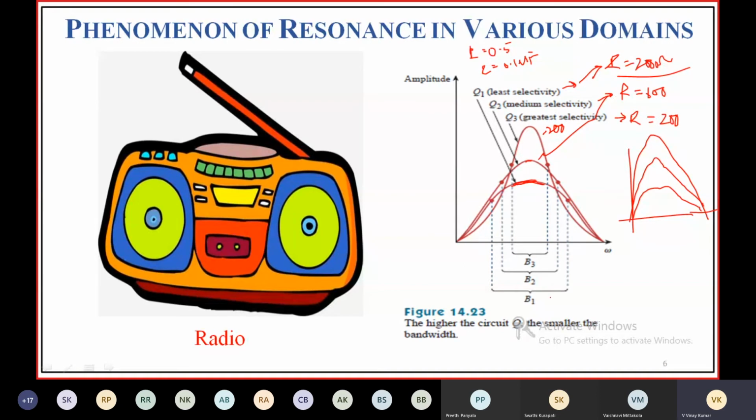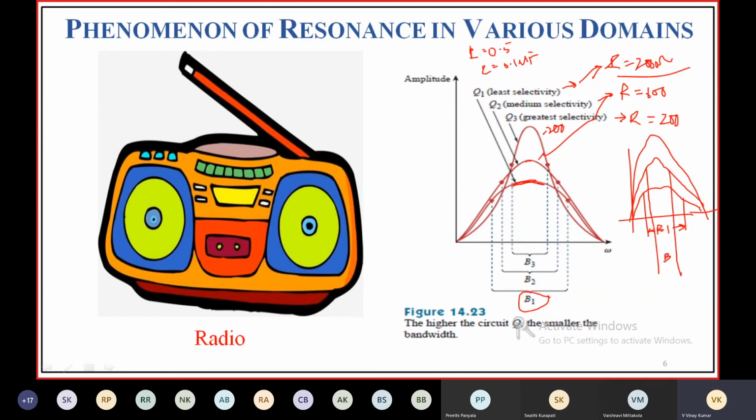For R is equal to 2000 ohms, we're going to have more bandwidth. Let this be B1. This is the bandwidth. For R is equal to 600 ohms, bandwidth is less.